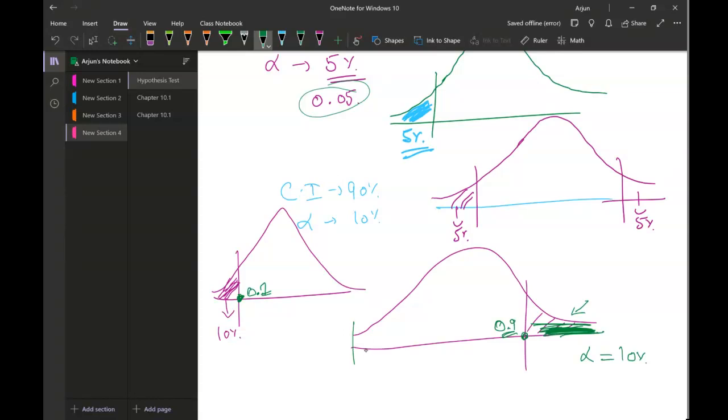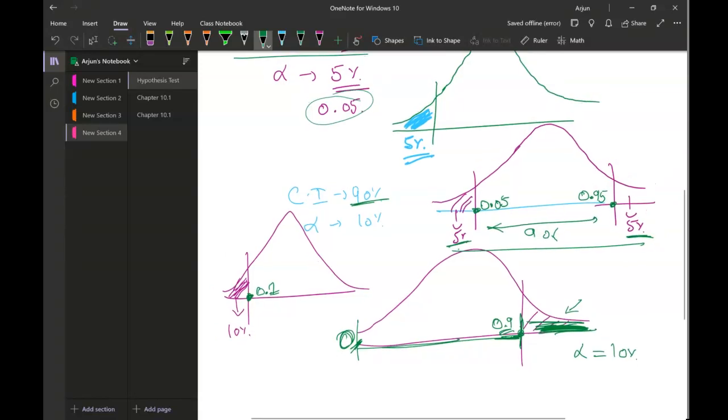Probability always starts from zero and moves in this direction, and this is where the 90% will be. If I divide the alpha value over the two sections, the probability value here is 0.05 and here it will be 0.95, because 5%, this section is 90%, and this is 5%, so total 100%. Hopefully you were able to understand this part.